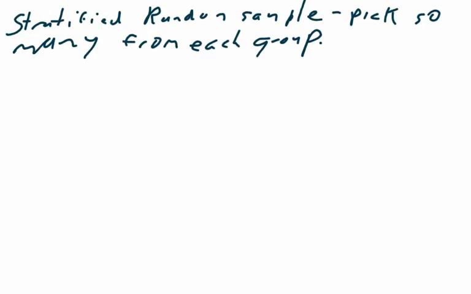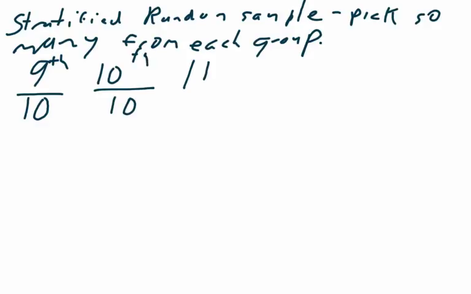Alright, a stratified random sample will be our next type of probability sample. This one is when we divide into groups first. So let's say we wanted to ask about the cafeteria food, but we wanted to get a good representation from everybody. So I would take the 9th graders and randomly select 10 of them, take 10 of the 10th graders, 10 of the 11th graders, and 10 of the 12th graders.